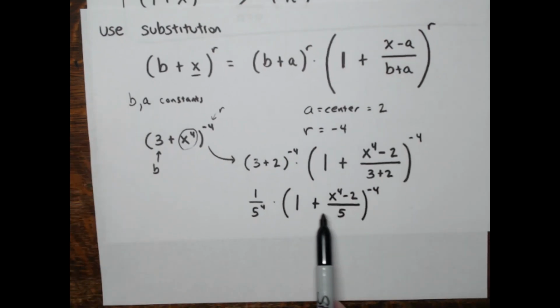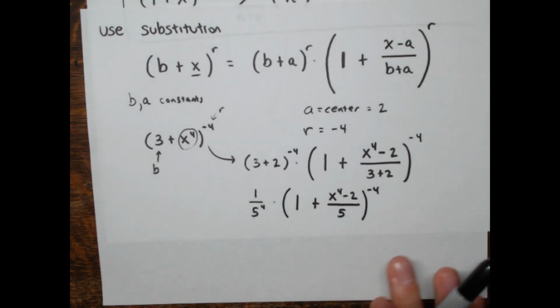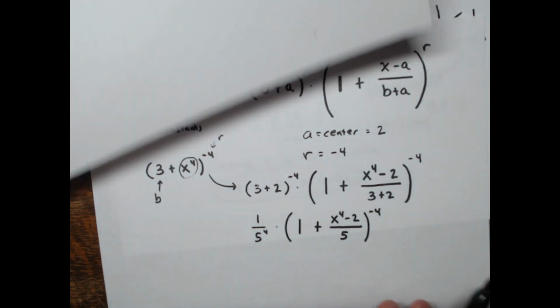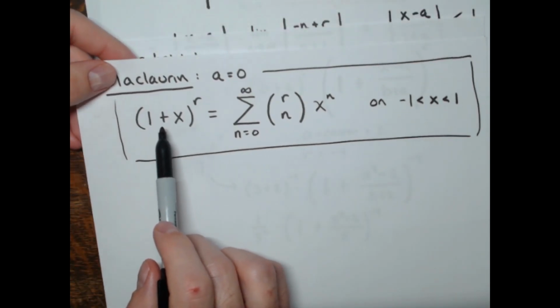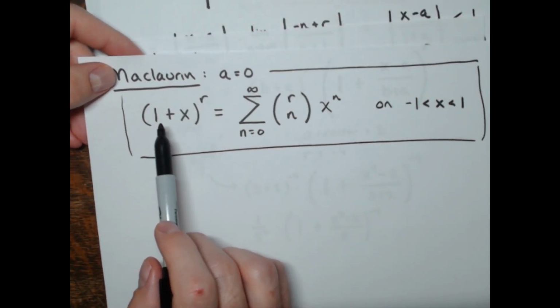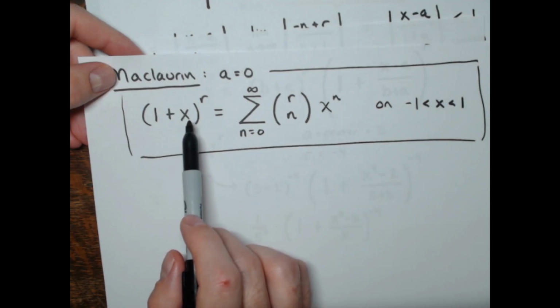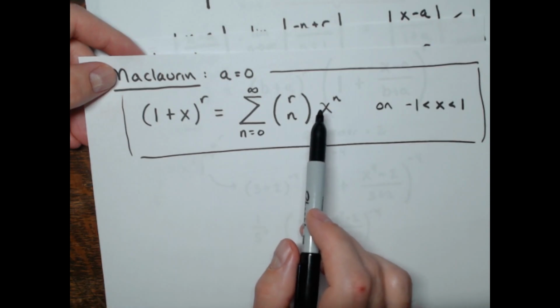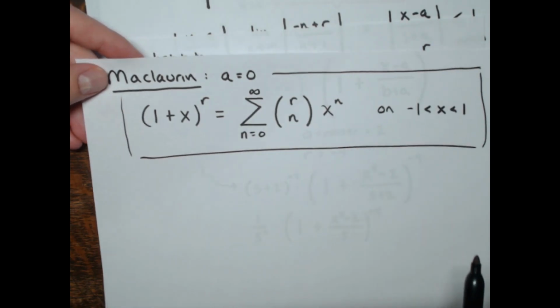And then I'm thinking they want me to do this. We saw a second ago, I had this on the previous page, a couple pages ago: 1 plus something to the r can be expressed as a series like this. So I'm going to do that.